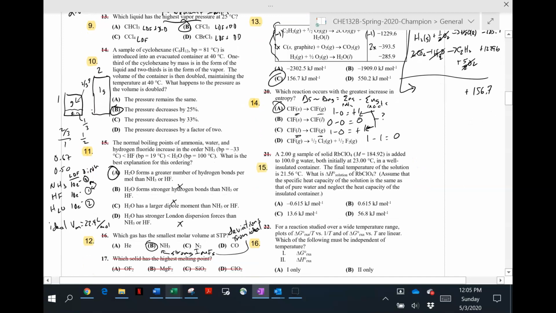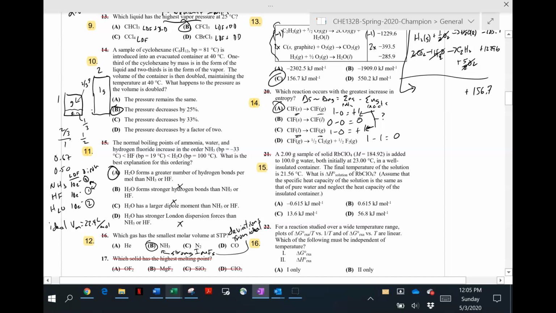All right, looking on to problem 15. A 2 gram sample of rubidium perchlorate is added to 100 grams of water. They're both initially at 23 degrees C. The final temperature of the solution is 21.56.